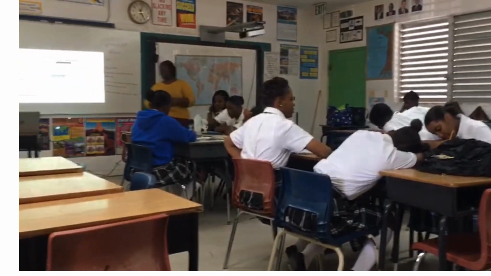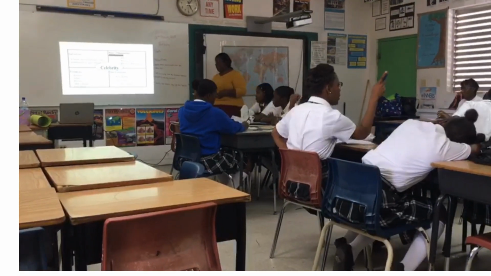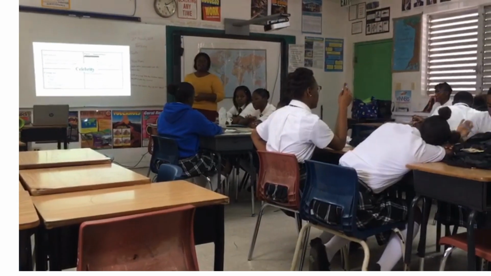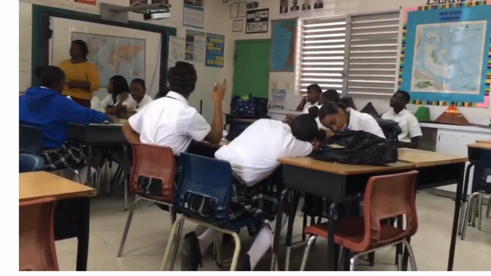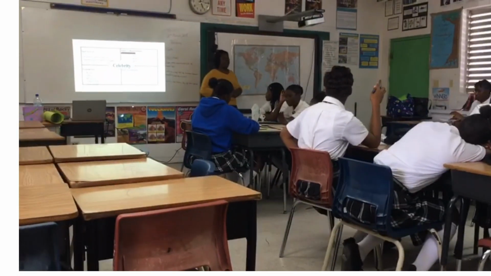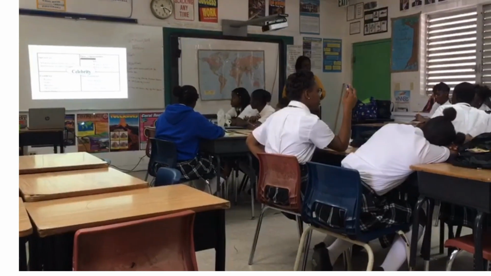So you're going to give me the definition of what is a migrant. You're going to give me an example of a migrant, a non-example of a migrant, and facts and characteristics of a migrant, okay? You have exactly 5 minutes to do that.